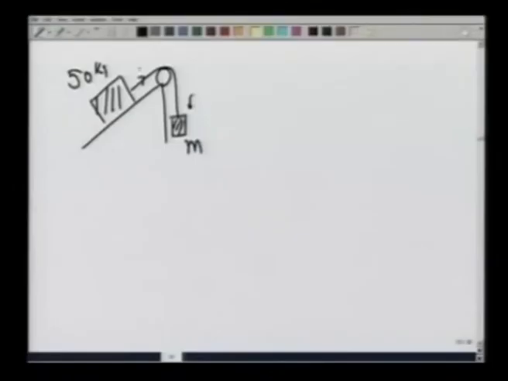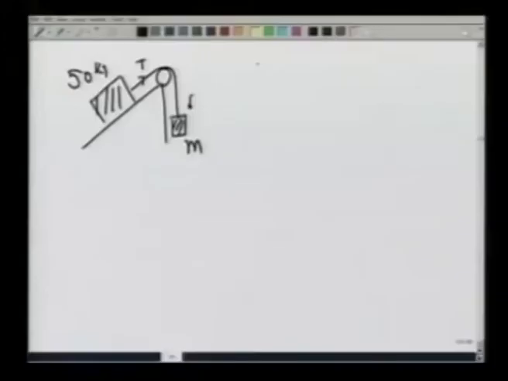When I increase the mass, I would increase the tension. If I increase the tension, I would not require that large a frictional force to keep the big block in equilibrium. So, the frictional force will go below its maximum possible value, which was 20 g cosine 30 degrees. So, F maximum we had calculated was 20 times g cosine of 30 degrees.